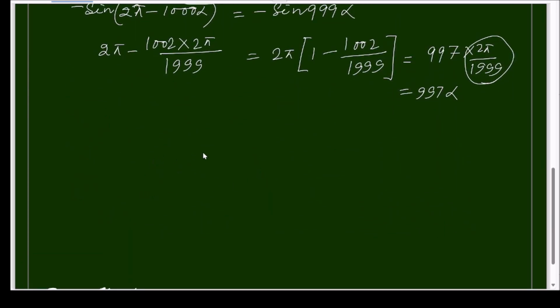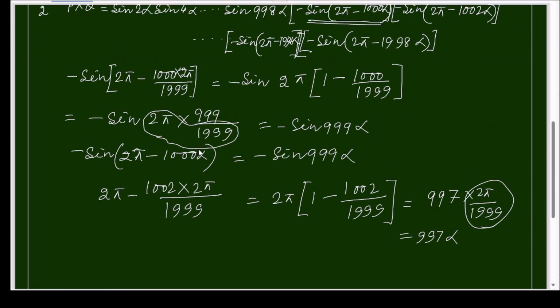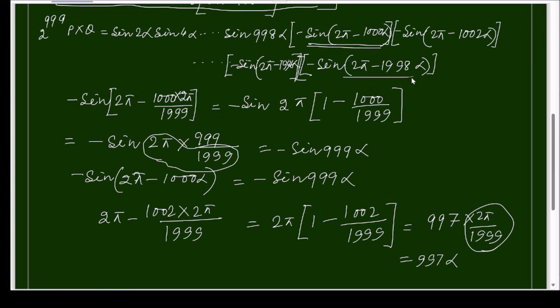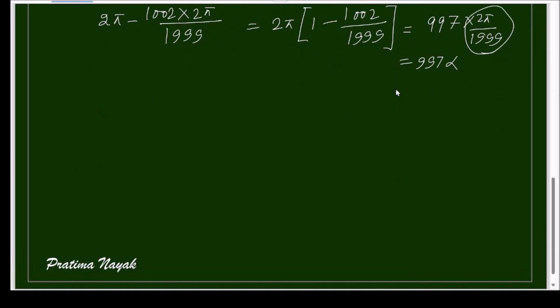So now writing the whole thing. We have understood now. So what about this last one? Let me write the last one once. 2 pi minus 1998 alpha is equal to 2 pi minus 1998 into 2 pi over 1999.